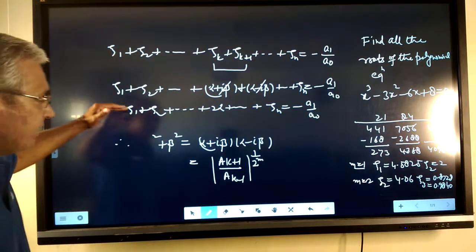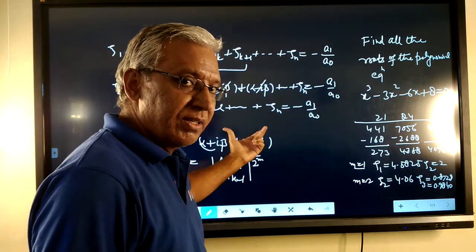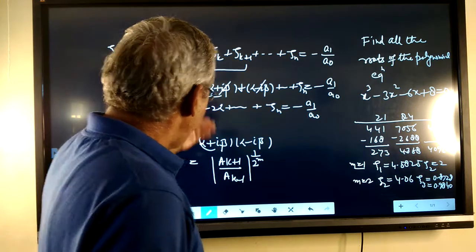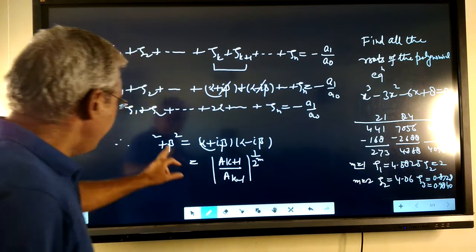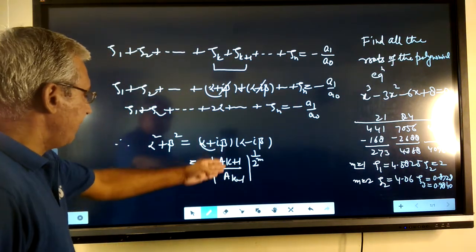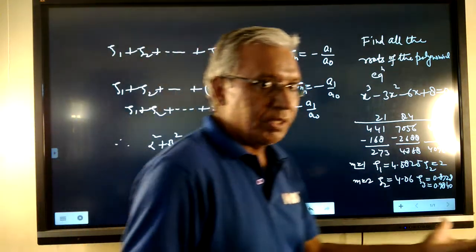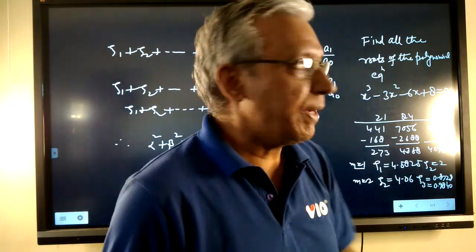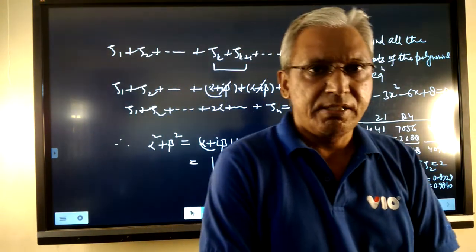From this relation we can calculate the value of alpha. After calculating alpha, we substitute it in the relation alpha square plus beta square equals this, and therefore we can determine the value of beta. So in this method we can calculate a complex pair.